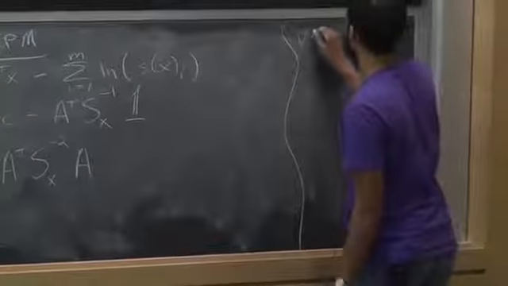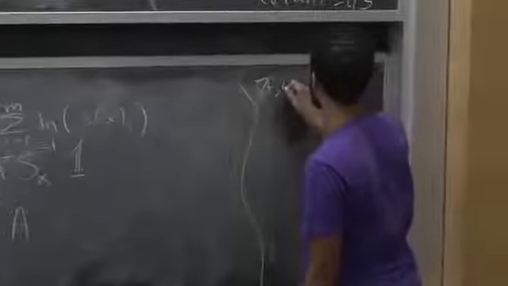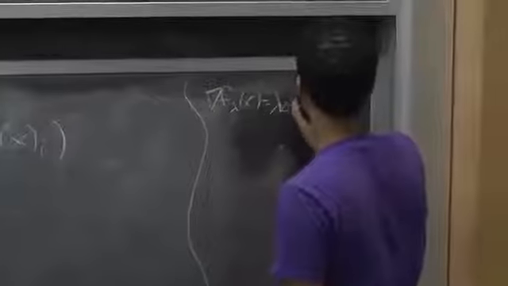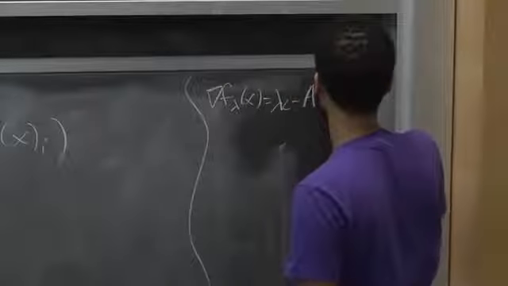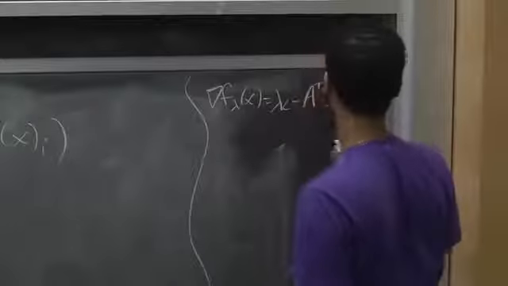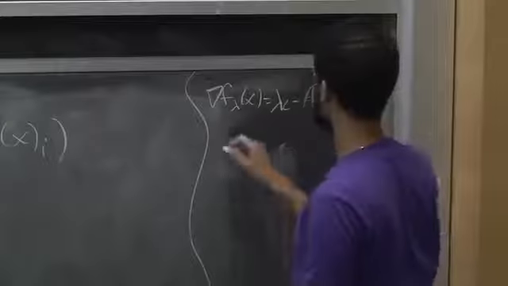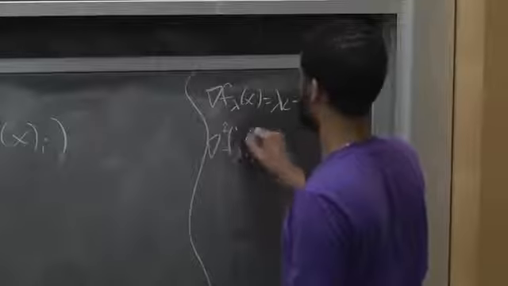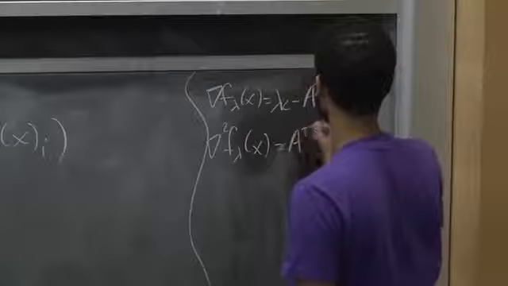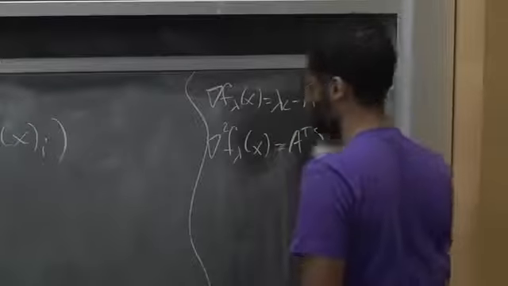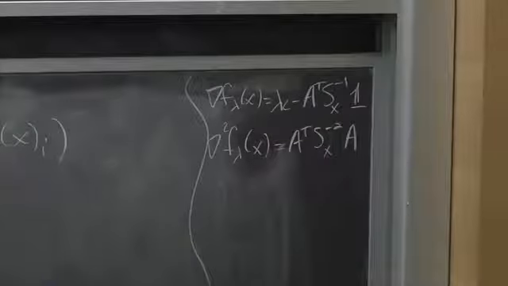The gradient of f lambda at x is lambda c minus A transpose S inverse times the all-ones vector, and the Hessian is A transpose Sx to the minus 2 A. Okay, so that's all we're going to need to remember.